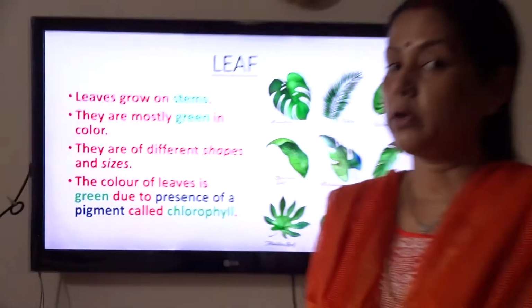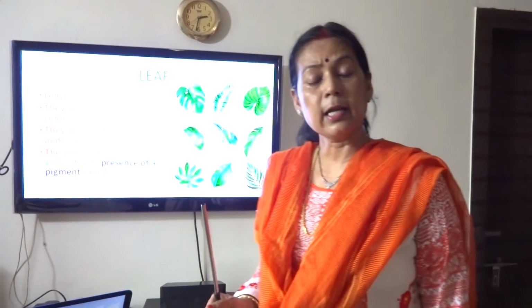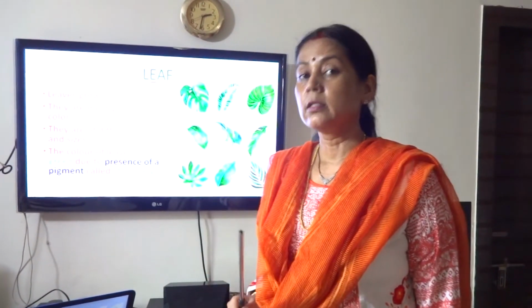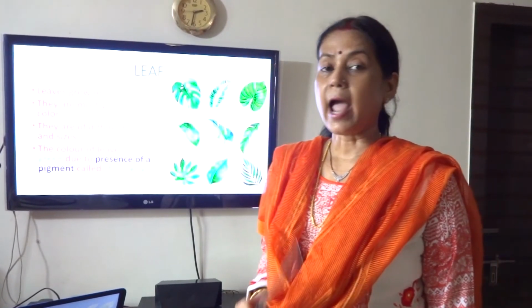Children, you have seen the leaves. They are mostly green in color. Why are they green in color? Because there is a pigment present in the leaves called chlorophyll.